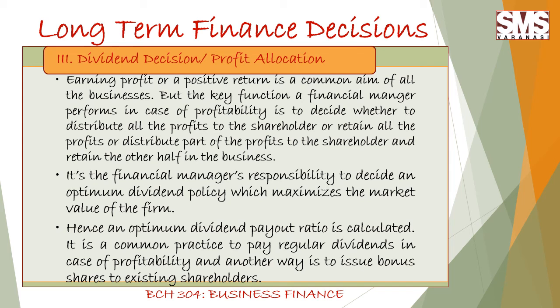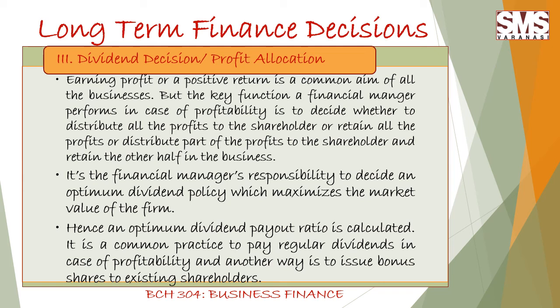The higher the rate of dividend, then it may raise the market price of shares, and thus it maximizes the wealth of the shareholders. And the firm should also consider the question of dividend stability, like stock dividend, that is bonus share, or cash dividend.